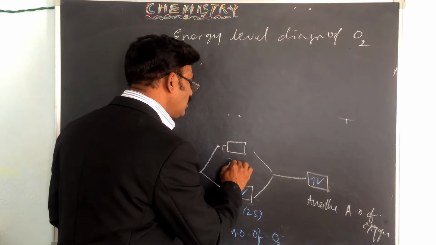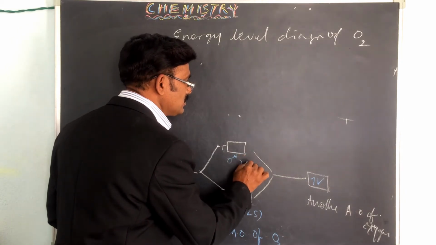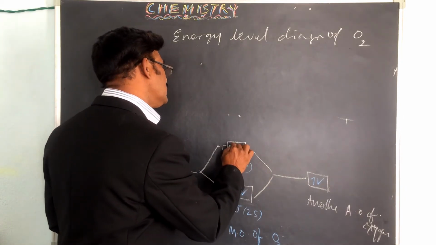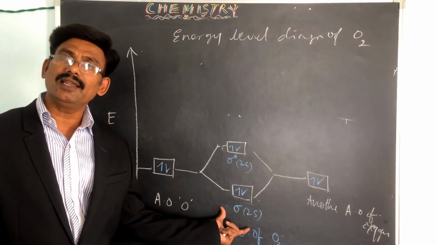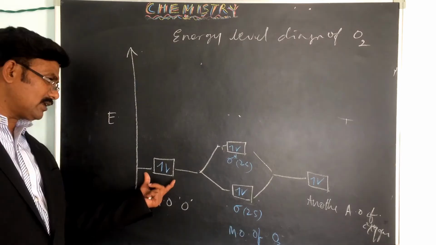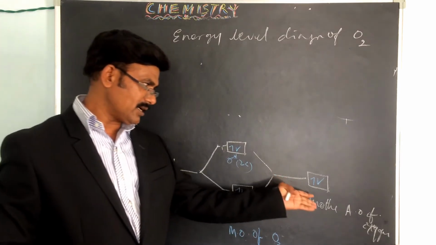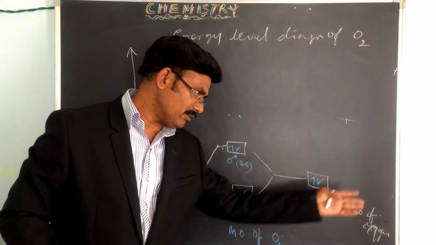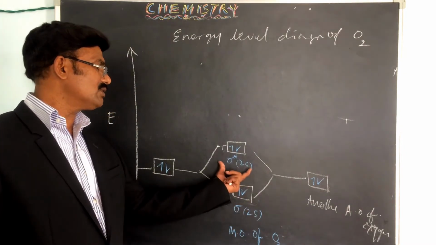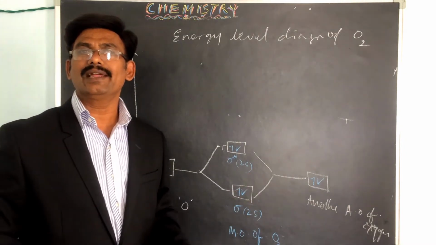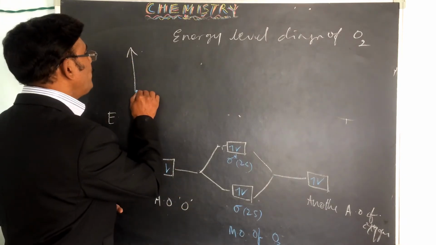And sigma star 2s also has 2 electrons. So one oxygen atom has 2 electrons at the atomic level, and the other oxygen has 2 electrons at the atomic level. At the molecular level, sigma 2s contains 2 electrons and sigma star 2s contains 2 electrons. Okay? Now 2p.